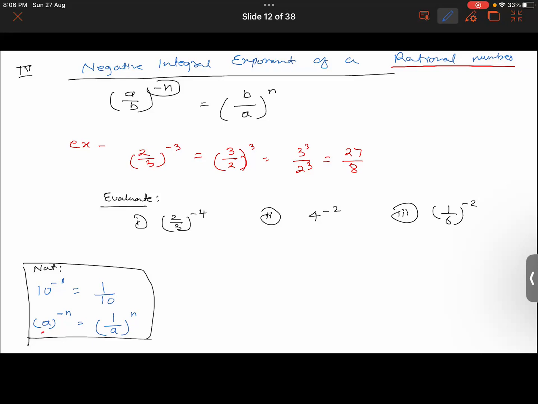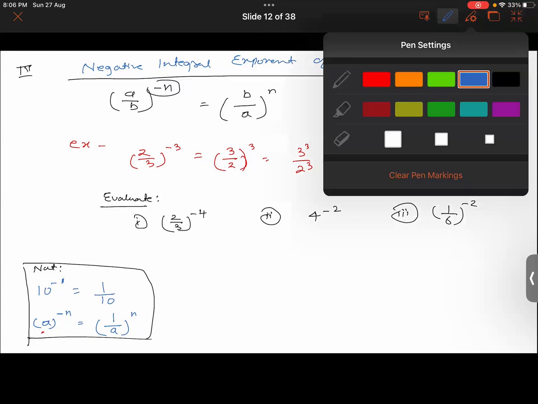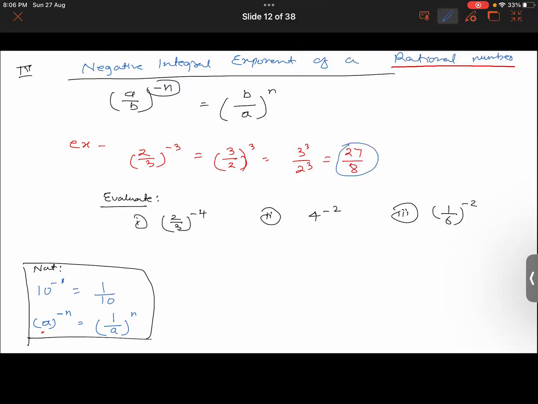Okay. Arhan, don't write the sentence. Just find the final answer, just like I have found out in the given example here. Although the statement is also correct here. Okay, very good.